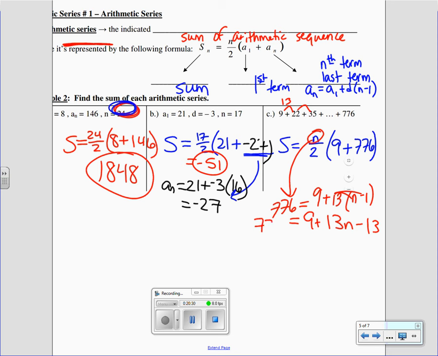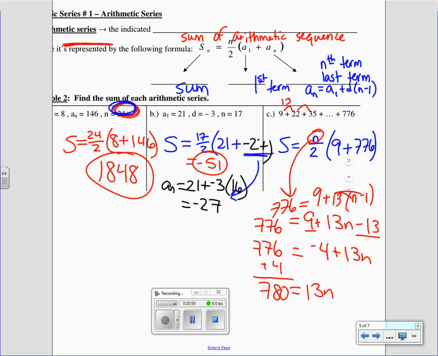What else would I have to do, Chandler? What do you think can go together? Yeah, you could have done it that way. You can also put these together, so that gives you negative 4. So what moves over to the 776? Yep. So that gives me 780.